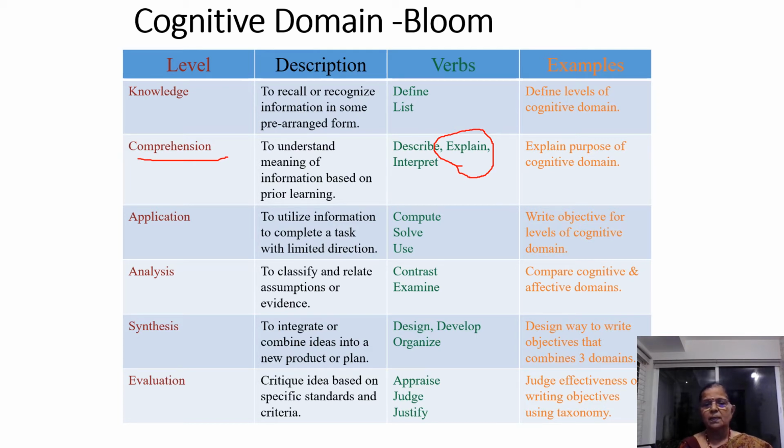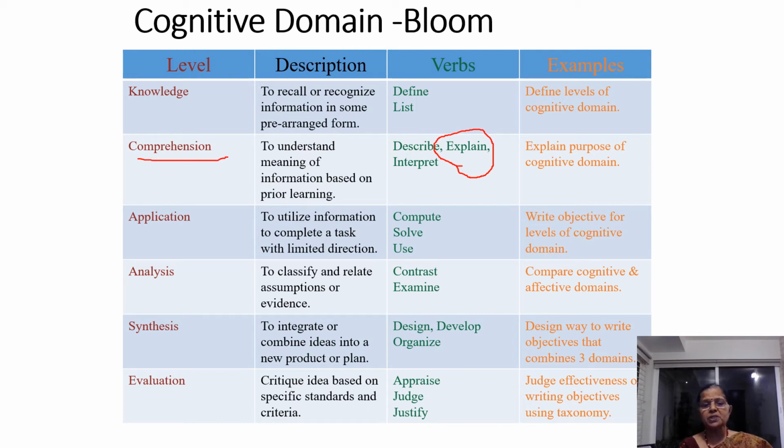So go through the entire list, and these are the verbs used in framing questions from the same cognitive domain itself. See, for example, define the various levels of cognitive domain. This question comes from the knowledge level, because I am asking you to define, list, and so on, testing your memory.